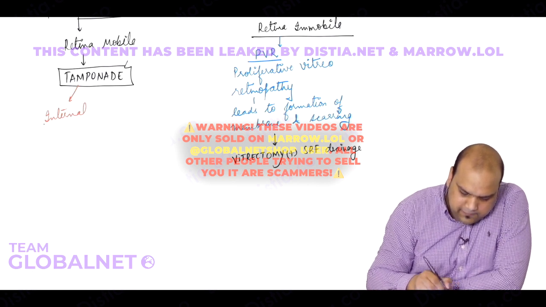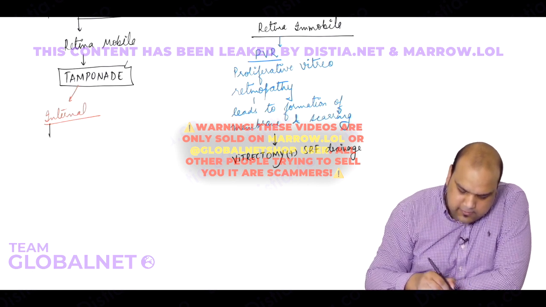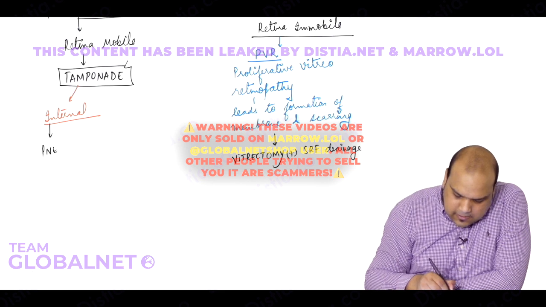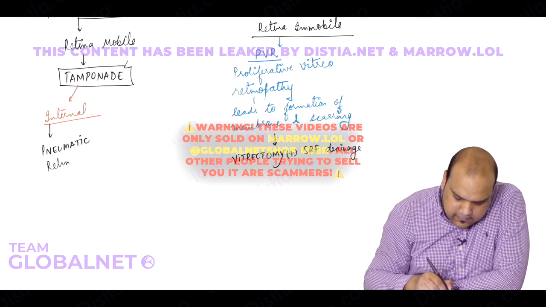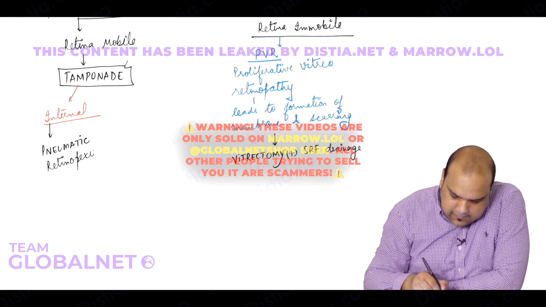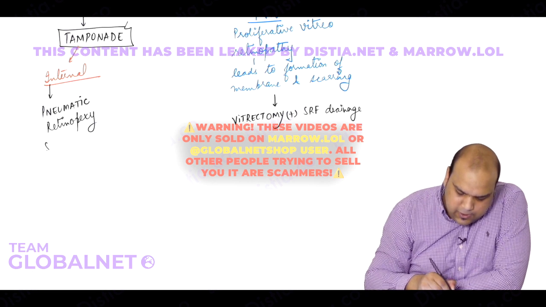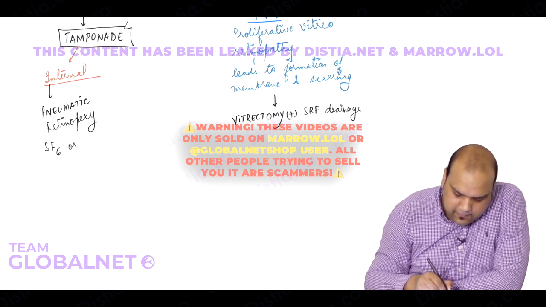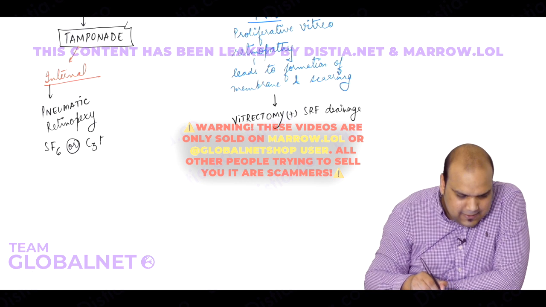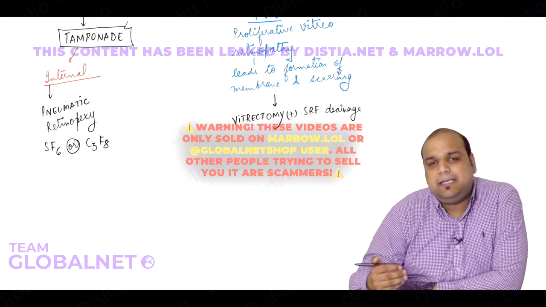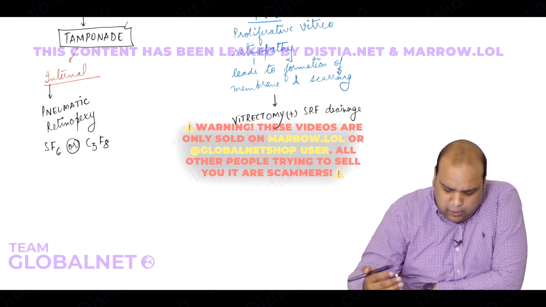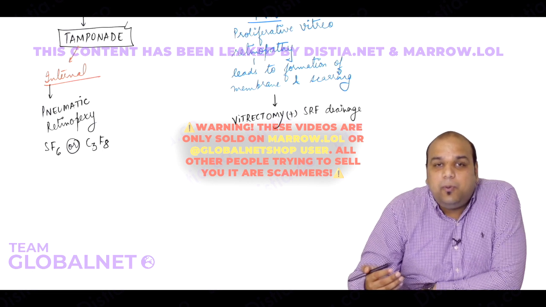Internal tamponade can be done using gas. In that case, we call it pneumatic retinopexy. Pneumatic means gas, air. Yes? We use sulfur hexafluoride or C3F8. That is basically propane. Either of these two gases have to be used. You can't blow air, everybody.